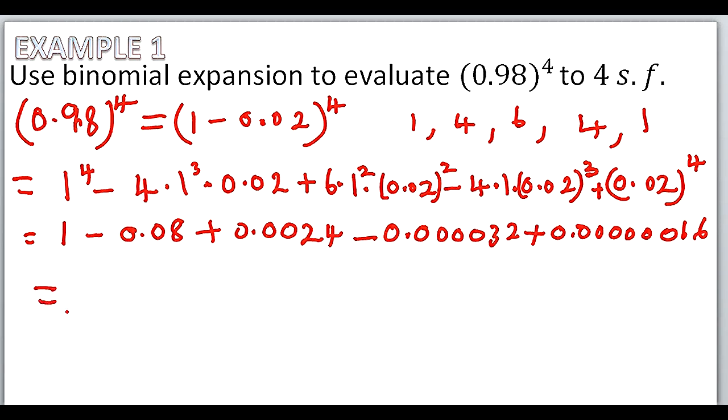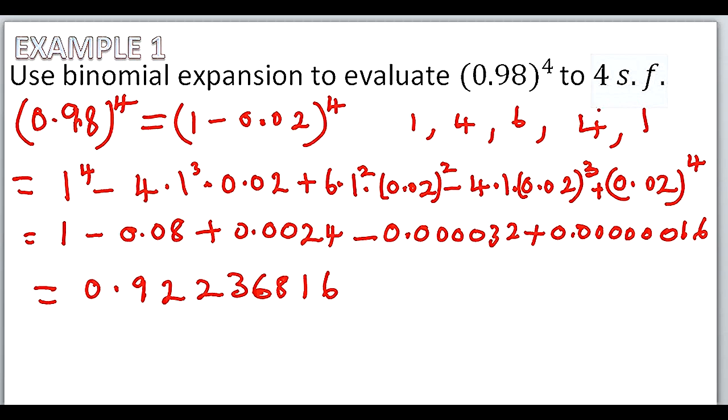When you compute, you get it equals to, using a calculator, 0.92236816.